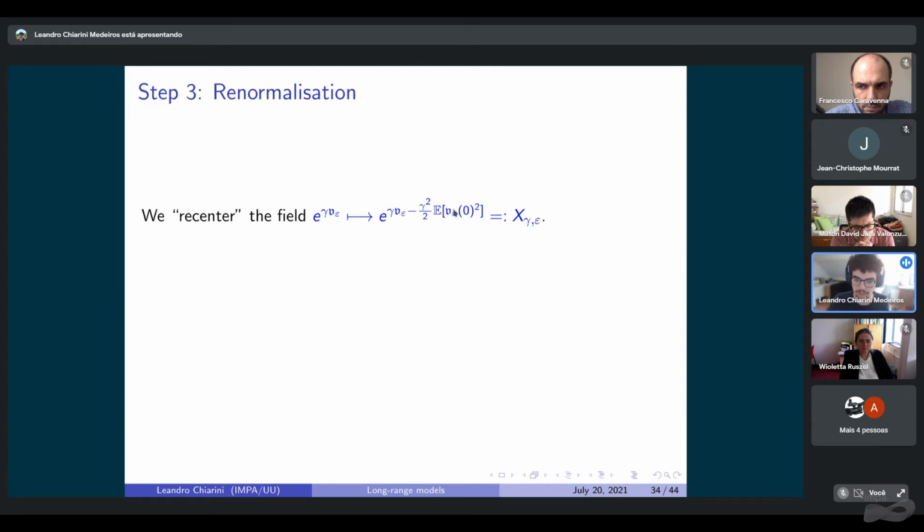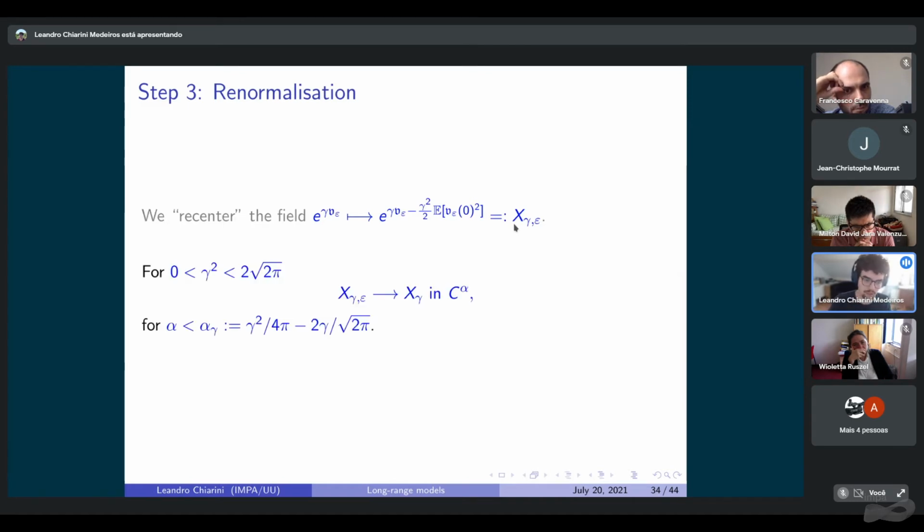By introducing this renormalization term, the average behavior of this exponential stays leveled at 1. We then have this new field, X gamma epsilon, and this field actually converges to something meaningful, as long as gamma is sufficiently small. We can actually prove that this converges to a limiting field, X gamma, in some Besov space C alpha, where we actually understand what the maximum value for alpha is.